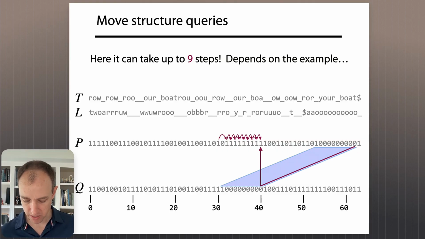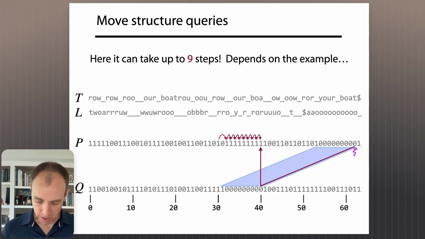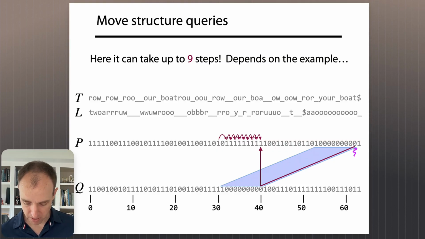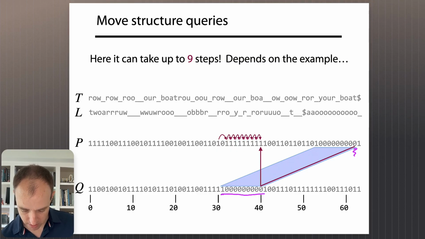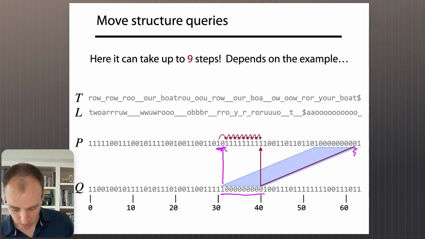In this particular example, if I were to try to apply the permutation to this offset all the way over here, I guess that's offset 62, you can see I would end up having to make many scans because I would end up in this run. This run's run head maps here. In other words, the run head is inside this P run, but I'm all the way over here.